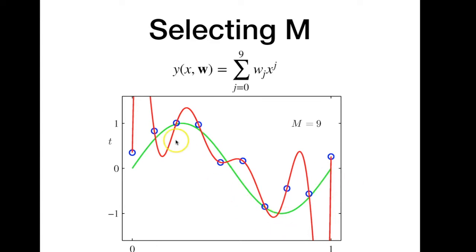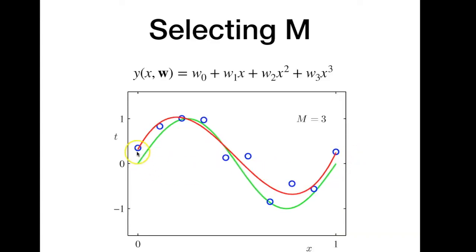When we plug in m equals 9, our red curve is highly oscillating, but it passes exactly through each of the training data points. If you compare this m equals 9 with the m equals 3 curve, the m equals 3 curve passes through some of the data points, but not exactly through all of them. It incurs some error on the training set.